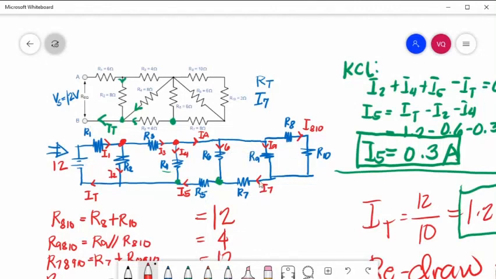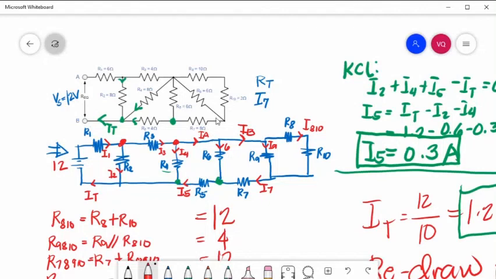If you want to solve I8, 9, 10, you will take the current here, IB, which will supply branch currents R8, 9, 10. Since we only go up to R7, we stay with IA.